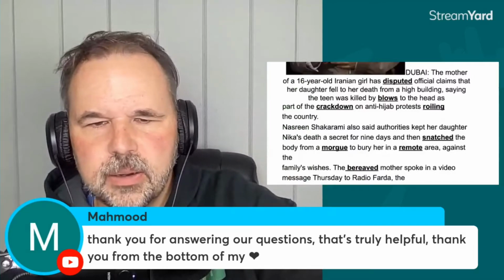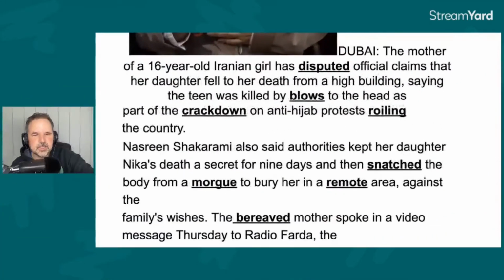But let's get back to the article. I believe there was another word that I underlined that we should probably talk about, and that is crackdown. Now, I actually use this phrase as an English phrasal verb in a recent English lesson. I think it was called Phrasal Verbs That Sound Violent But Aren't.